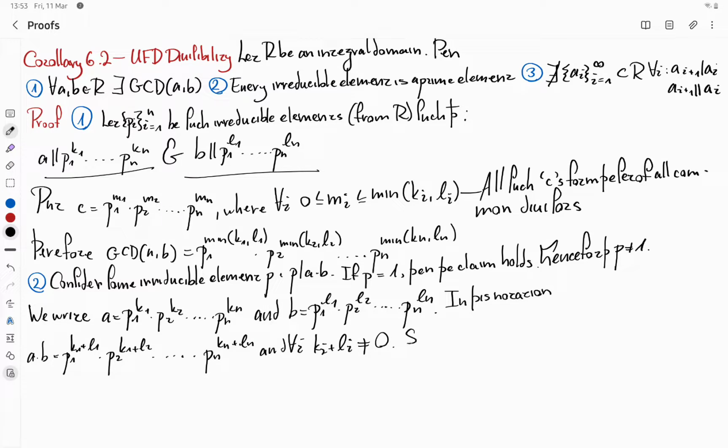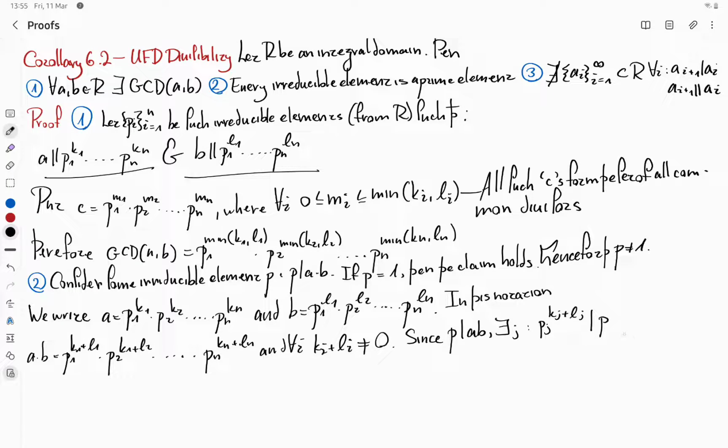Now, since P divides AB, there must exist at least one index j such that P divides Pj to Kj plus Lj.